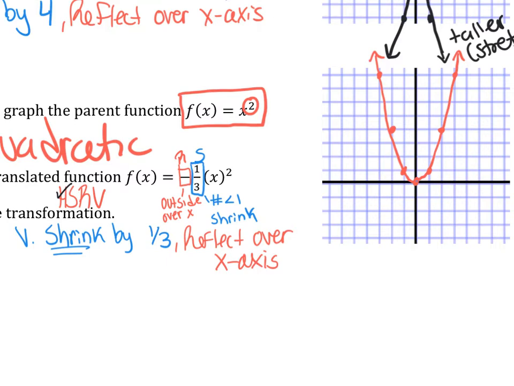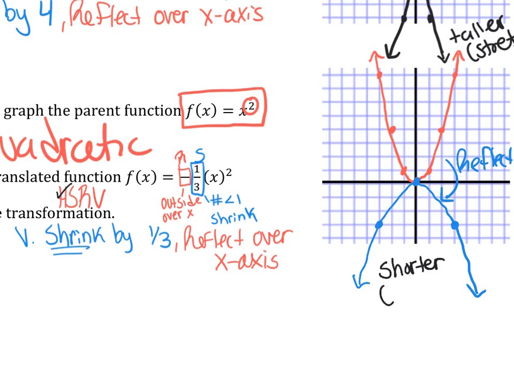Okay, and you should see that it does indeed reflect over the x-axis, and that it's getting shorter. It's not increasing as quickly. It's fatter.